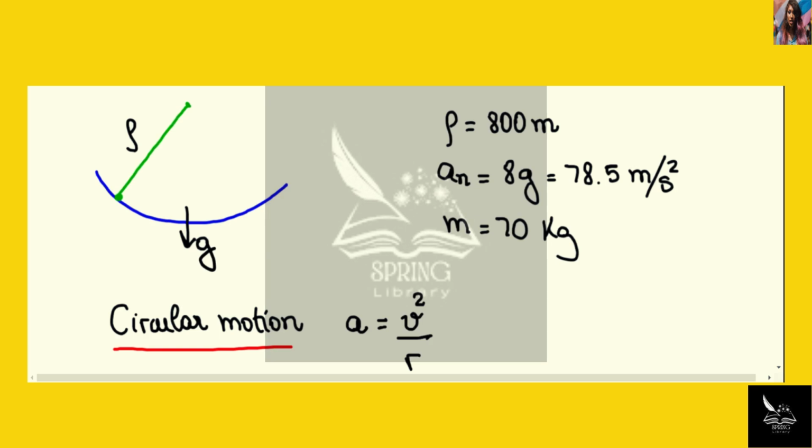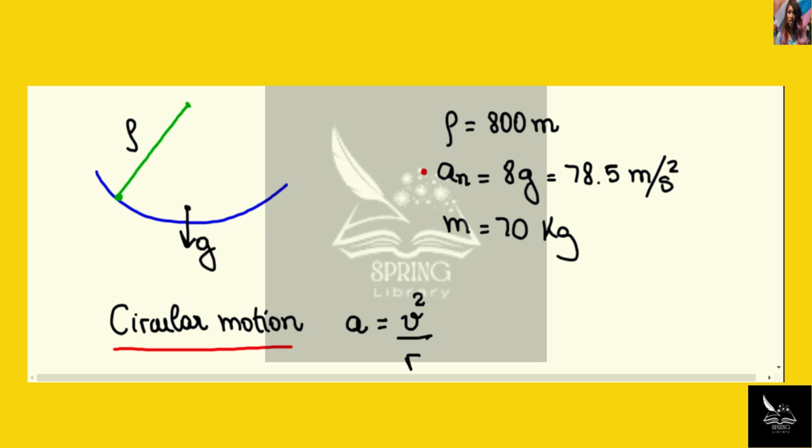I'm just showing it to show that the circle that the airplane is making is in the vertical plane. And we have the information that the maximum acceleration reached by the airplane is 78.5 meters per second squared, and the mass of the airplane is 70 kilograms.